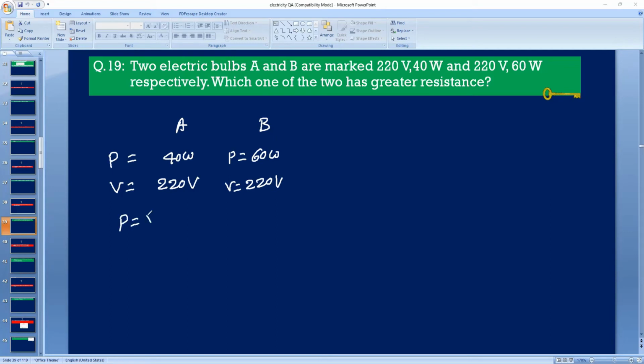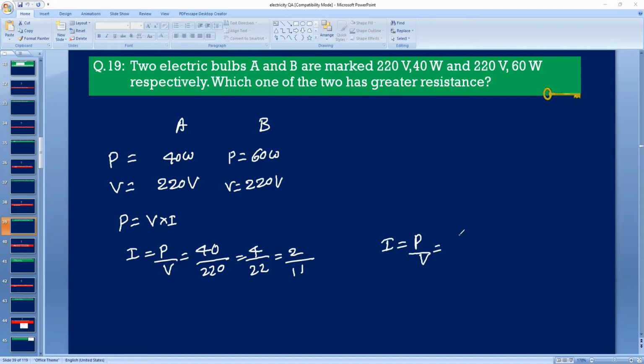As you know that P is equal to V into I, I is equal to P by V, which is 40 watts by 220, which is 4 by 22 is equal to 2 by 11. In the same way, B bulb I is equal to P by V, which is 60 by 220, 6 by 22 is equal to 3 by 11. Now, resistance we have to calculate.